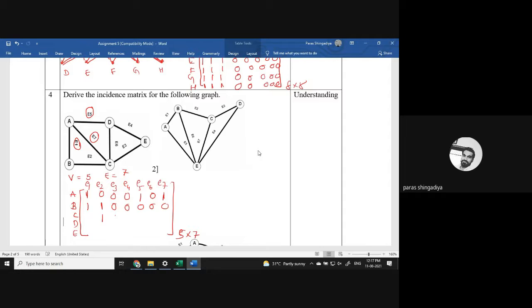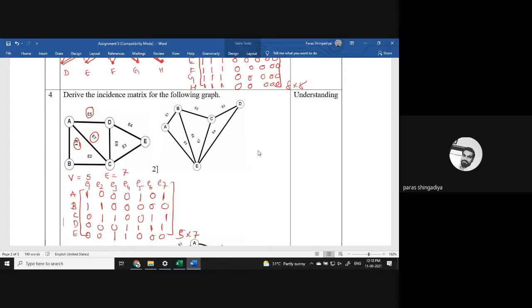Put 1 there, E2, E3, E6, E7. पहले यहाँ पे 1 पुट कर दो, अब बाकी सब जगह पे 0. ठीक है, now for D, so D is incident with E4, E5, E6, E7. So E4, E5, E6 and E7 will be 1 and the first 3 entries will be 0. Okay, and E is connected with E4 and E3. So at E4, E3 we will place 1 and the rest of the entries will be 0.